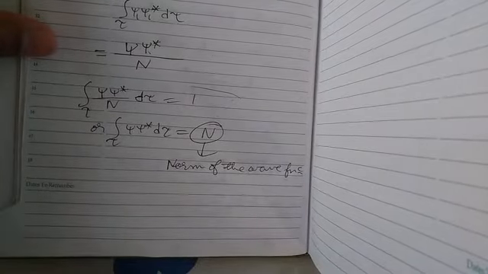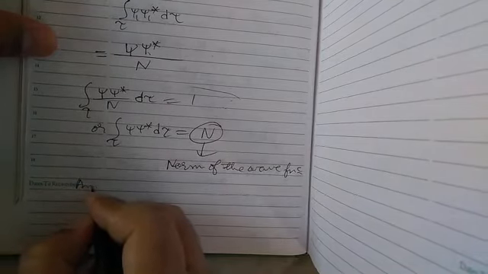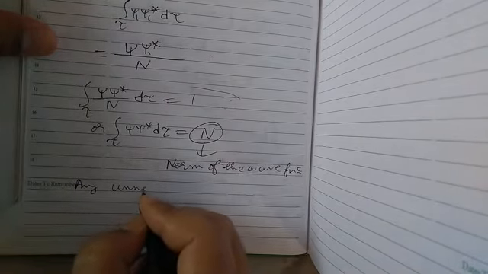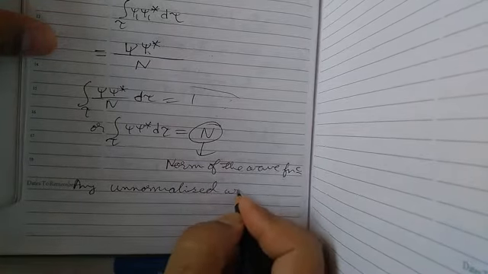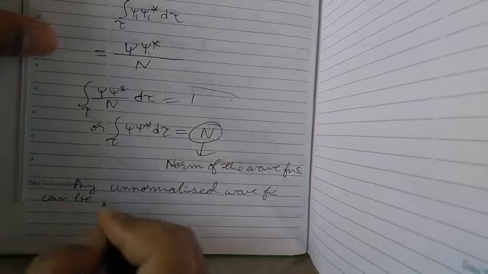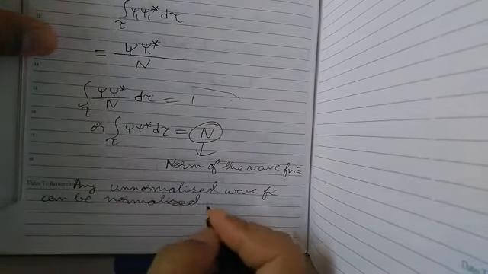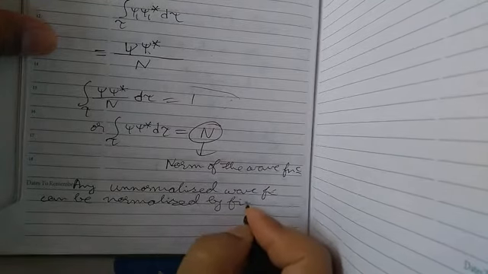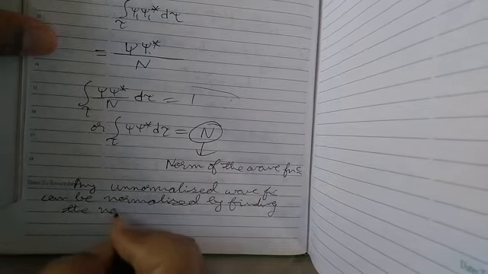Any unnormalized wave function can be normalized by finding the norm.